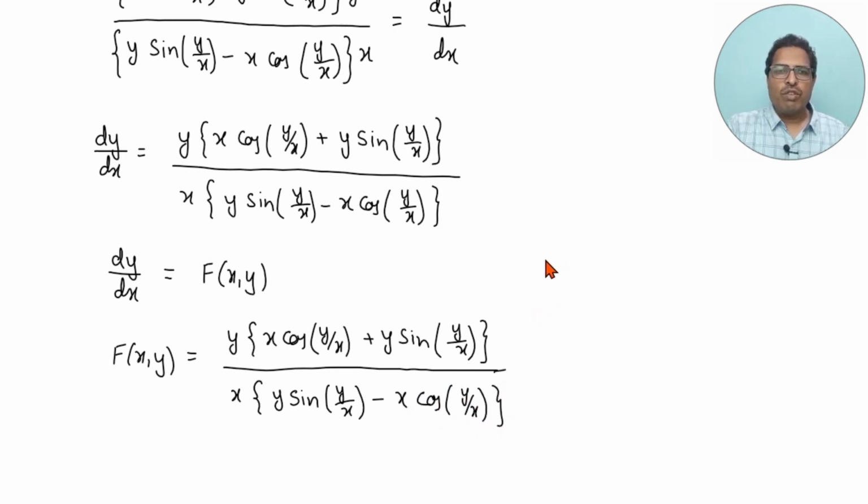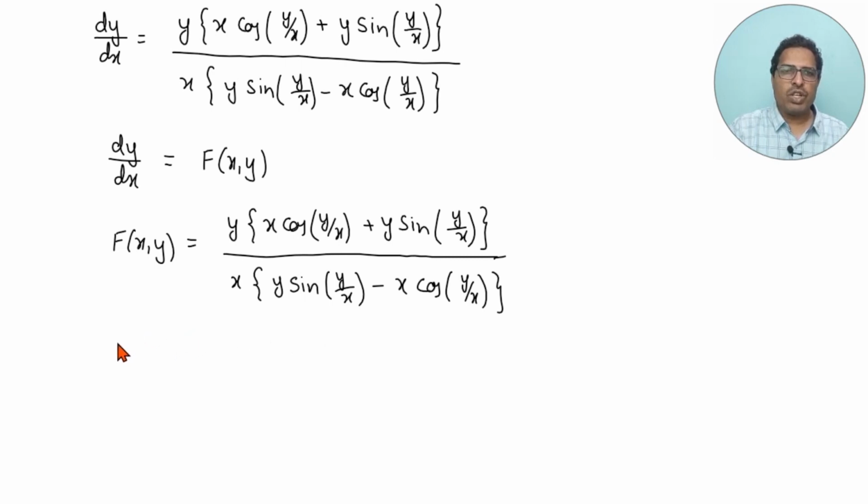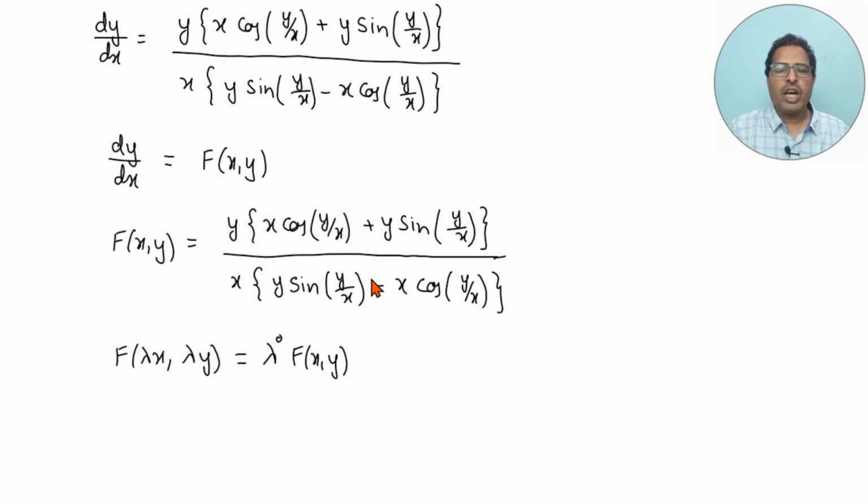Now we need to show this given function is a homogeneous function. For that, you have to replace x with lambda x and y with lambda y. If you get back lambda power 0 into f of x comma y, then this function f of x comma y will be called a homogeneous function of degree 0.